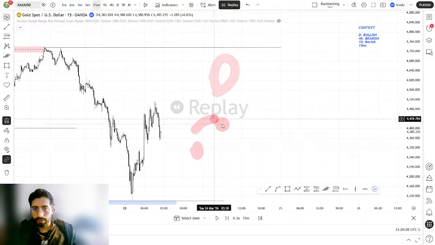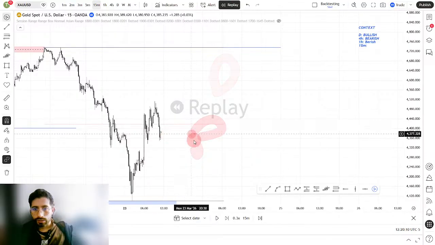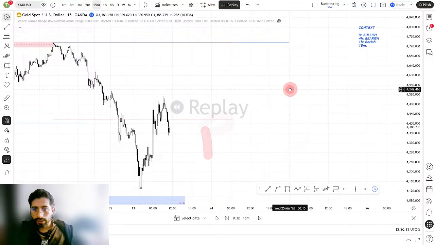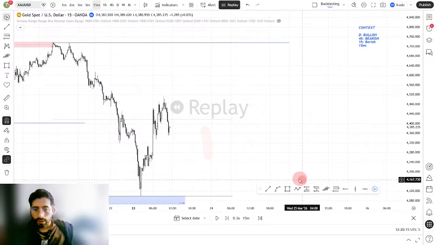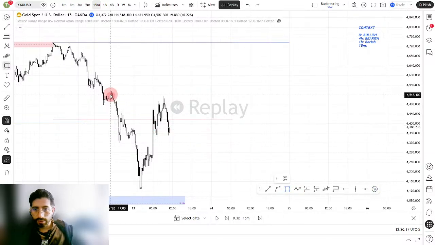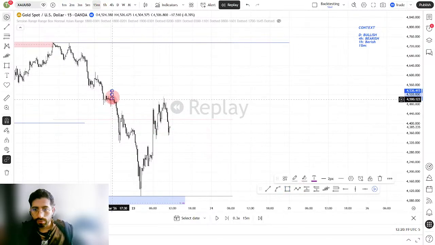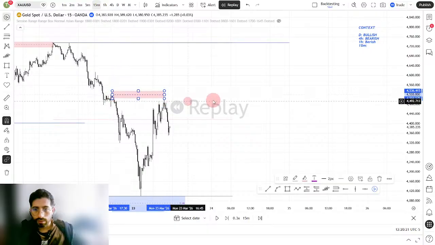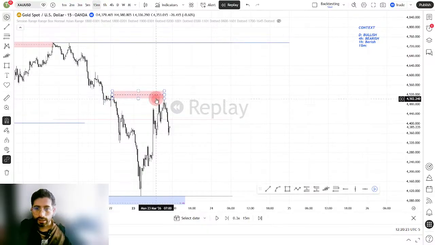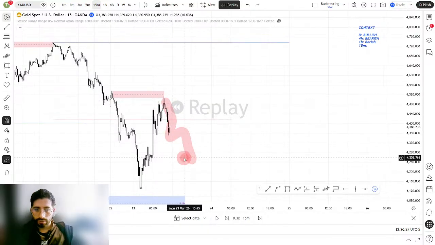Discount, and this is premium. So personally, this is what I see. The price is reacting in this order block. That's why we are having this reaction.